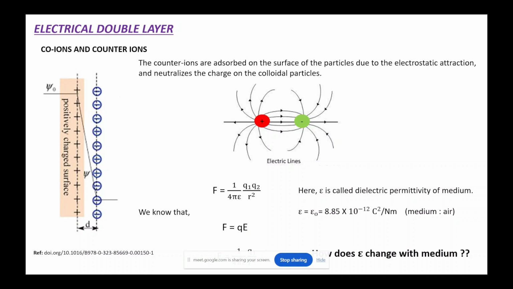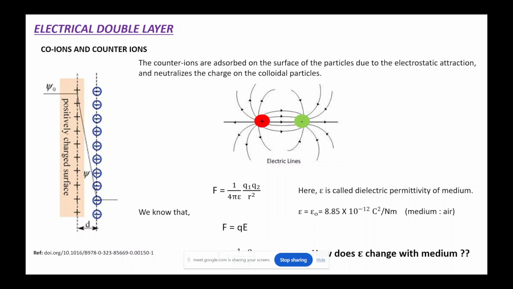So that is what is written: the counter ions are adsorbed on the surface of the particle, and this adsorption predominantly happens because of an attraction between them, and that attraction is called electrostatic attraction. So when you have two particles of opposite nature, it is common to know that they will attract each other, right?